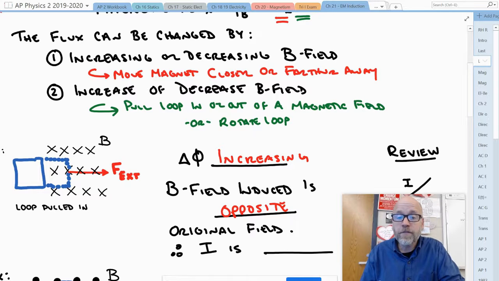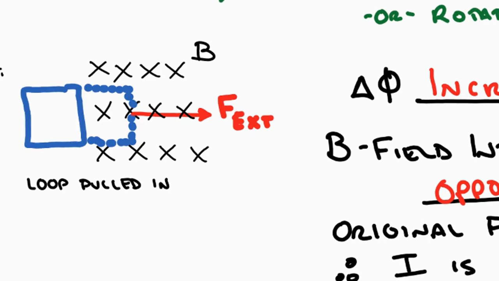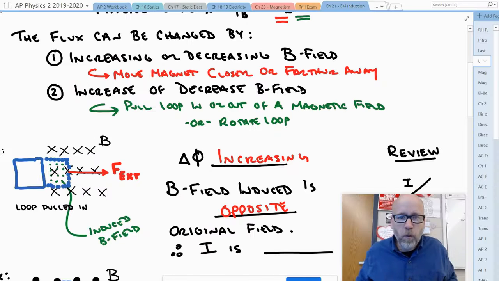Now, if the B field is in the opposite direction, that means it's going to produce a B field that is pointing out of the paper. And if the B field is pointing out of the paper inside that square, which way does the current have to be going? Clockwise or counterclockwise?